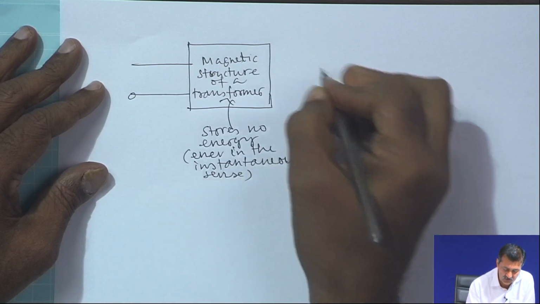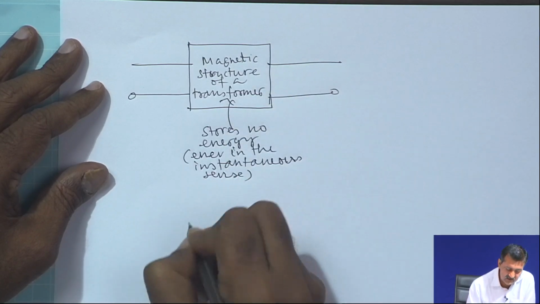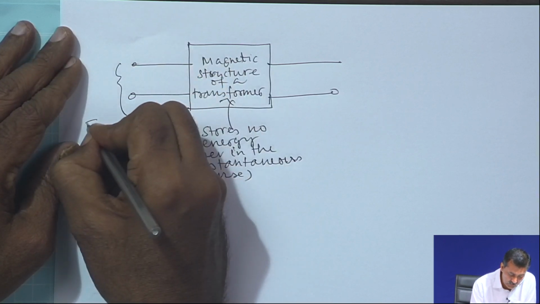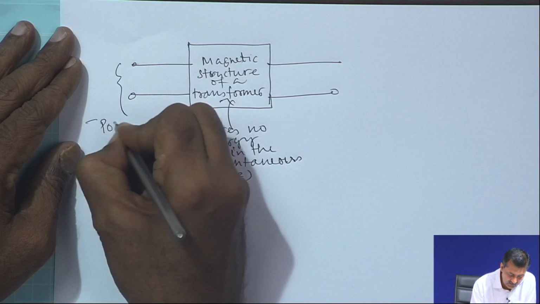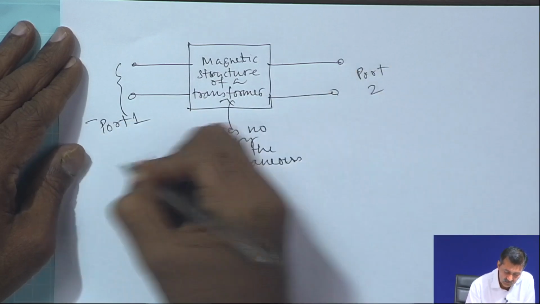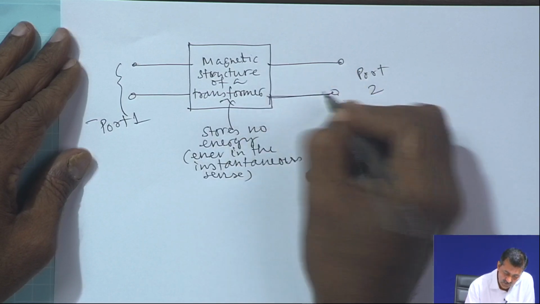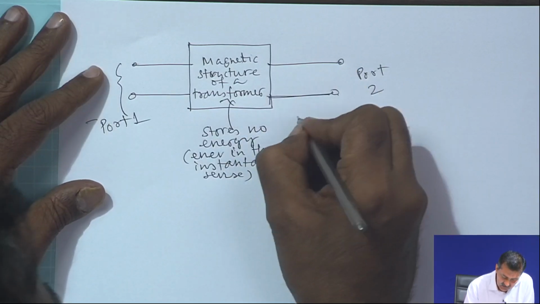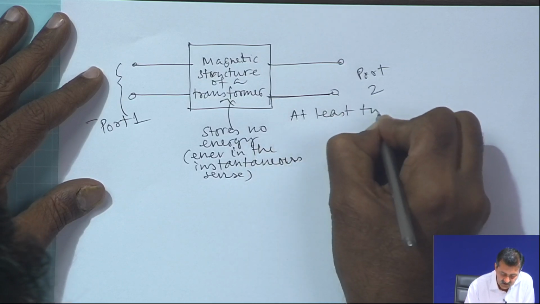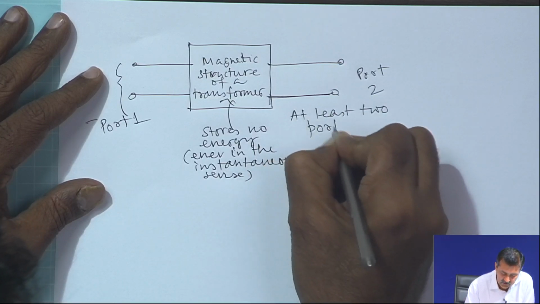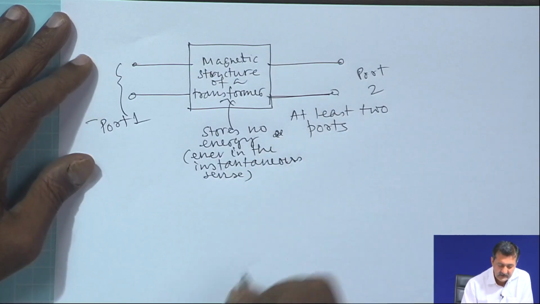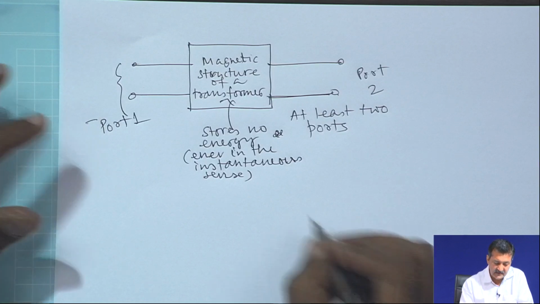It never stores. A transformer is normally created with two ports, port 1 and port 2. Most often it could be more, but at least two electrical ports. So, what it means is that it stores no energy.